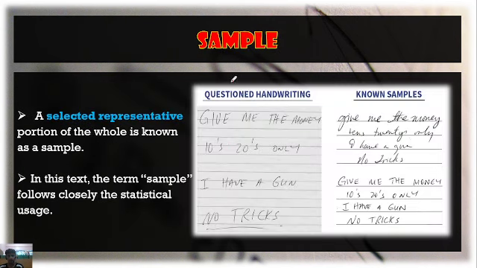And then, meron din tayo yung term na sample. By the word sample, syempre, selected representative or selected part only and that will represent the whole person. Just like, let's say, you have taken a document or a standard containing several writings.